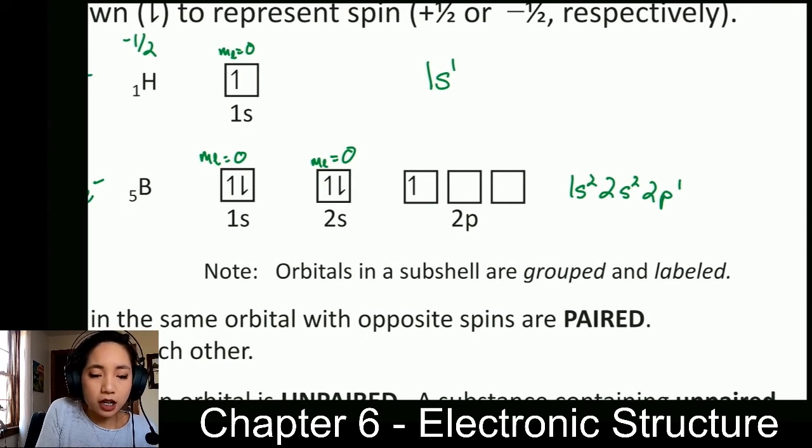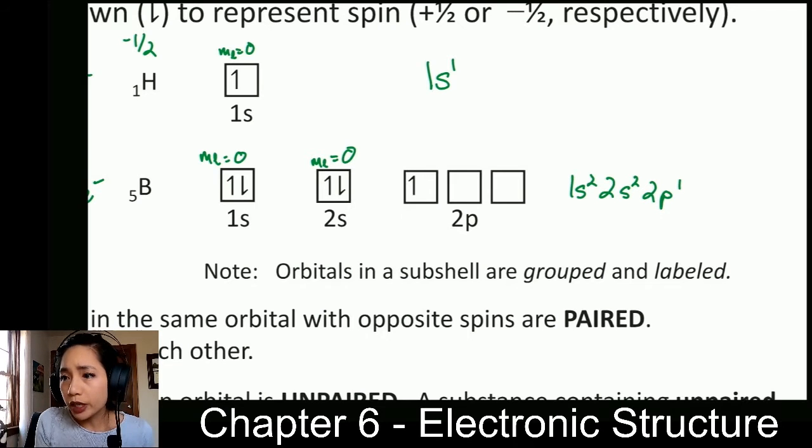Because the superscript is 2, that means there are 2 electrons in each of those orbitals, so you see our spin up and spin down electron there, and the same thing in our 2s orbital. So those subshells are completely filled.